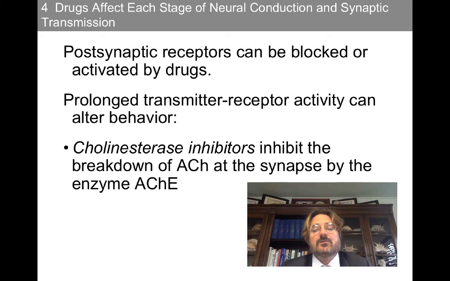Now, postsynaptic receptors can be blocked or activated by drugs, and prolonged transmitter receptor activity can alter behavior. We see this, for instance, when we look at cholinergic drugs like cholinesterase inhibitors. They inhibit the breakdown of acetylcholine at the synapse by reducing the amount of acetylcholinesterase.